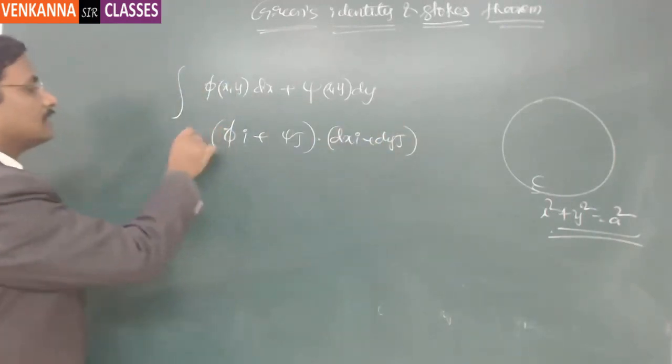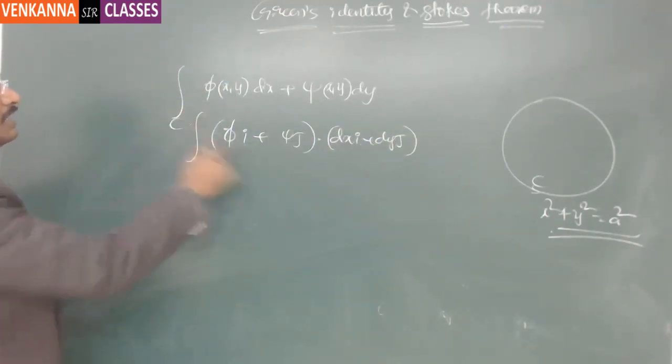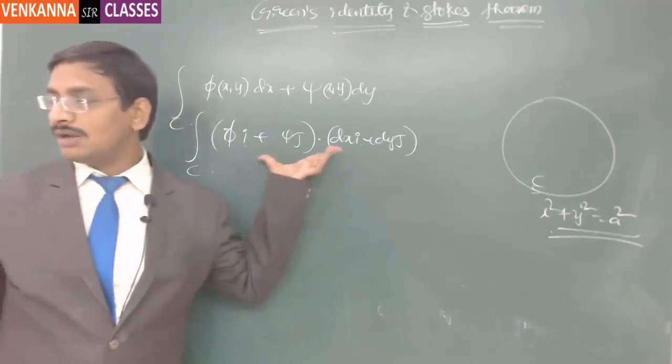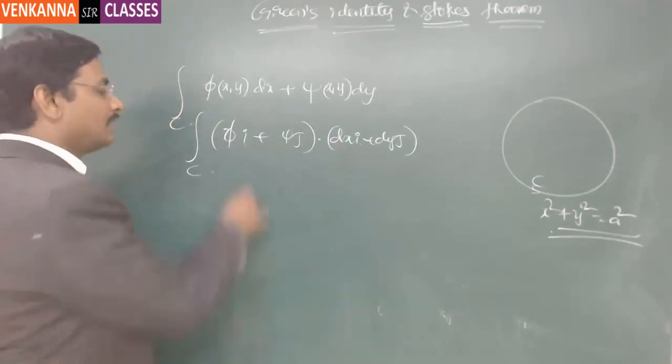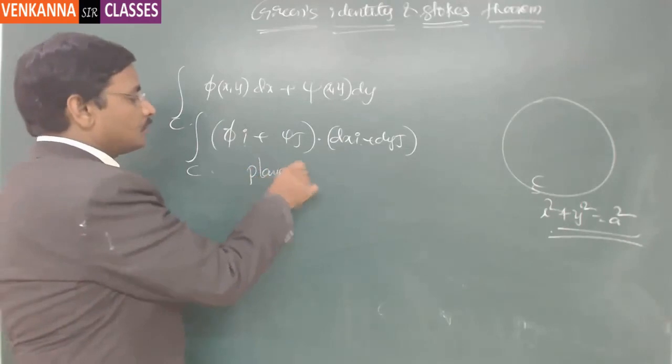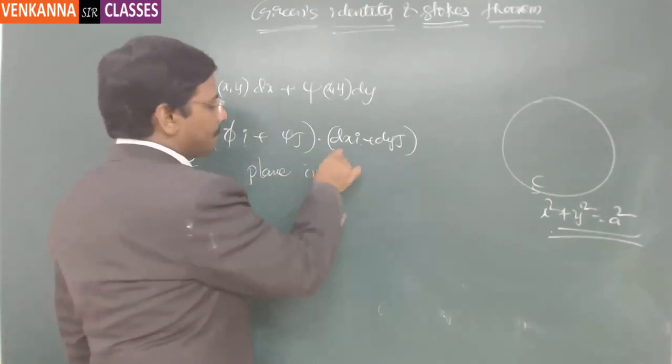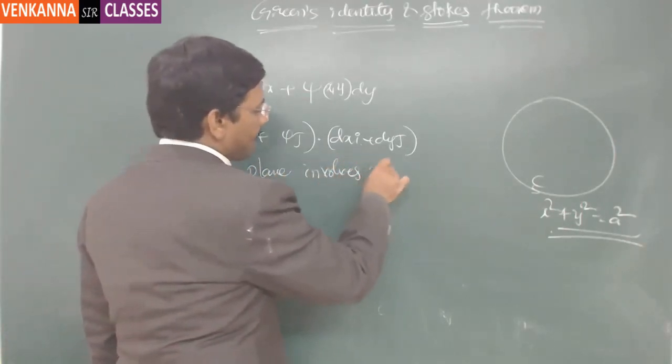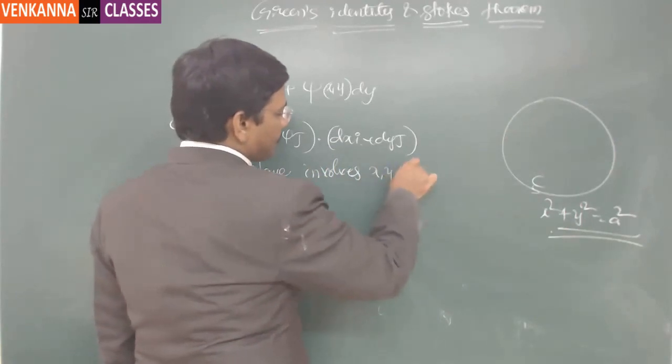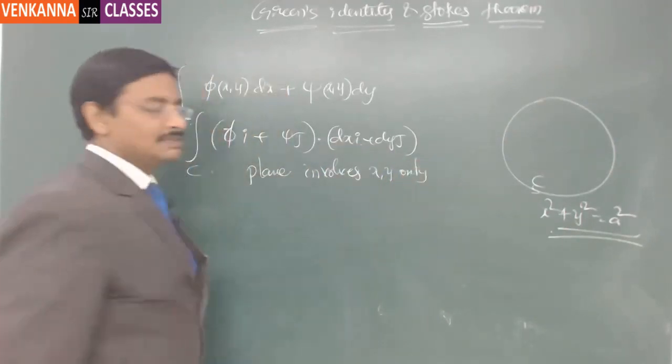So it is otherwise written in this particular format. This is nothing but a line integral, but this line integral is on a plane, so it involves only x and y. So no z in this, right?